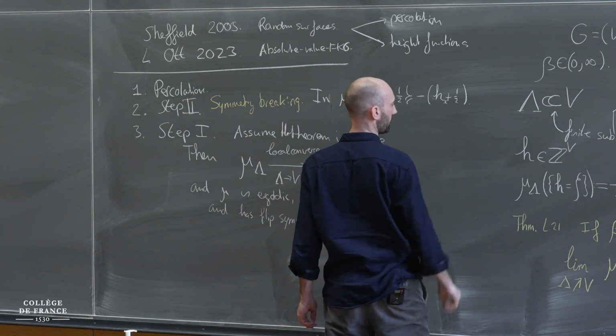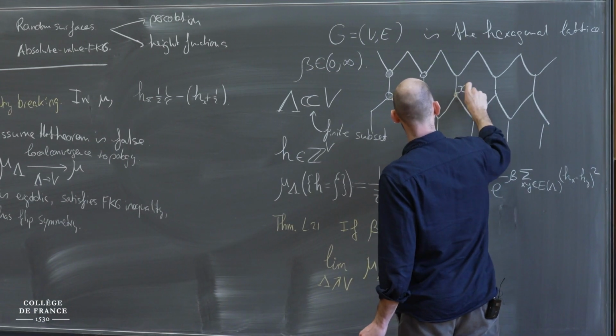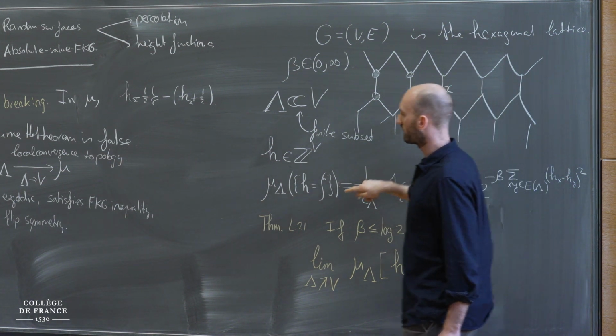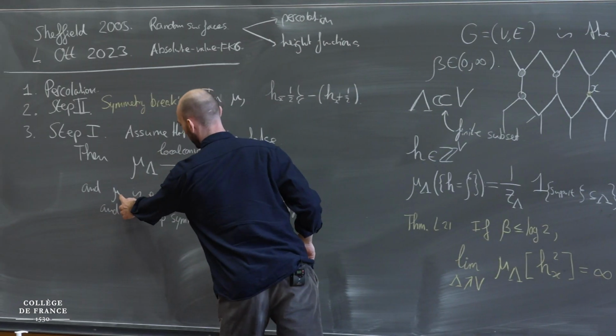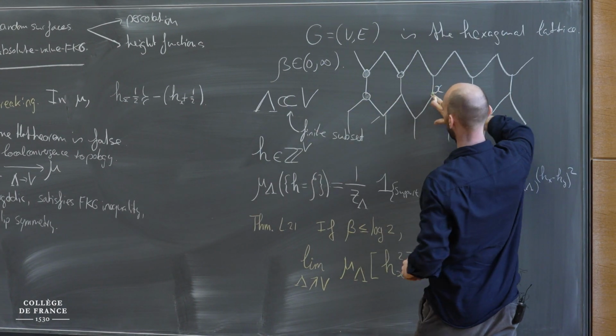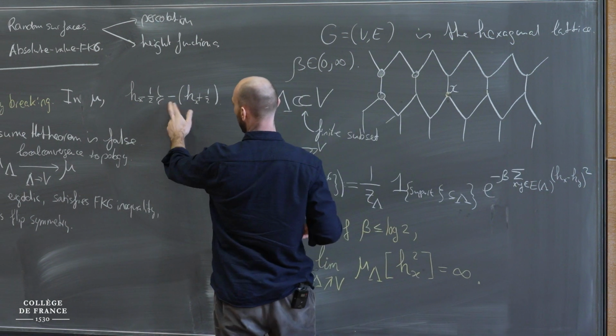This is at a fixed vertex x. So I fix a vertex x and just look at what happens there. I constructed this measure mu by taking my boundary conditions further and further away, and now I get this stochastic domination.